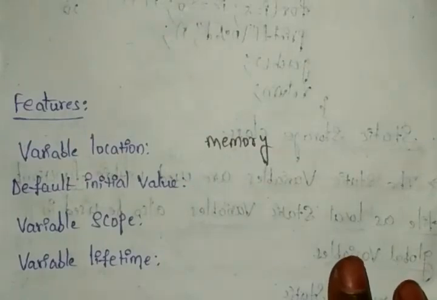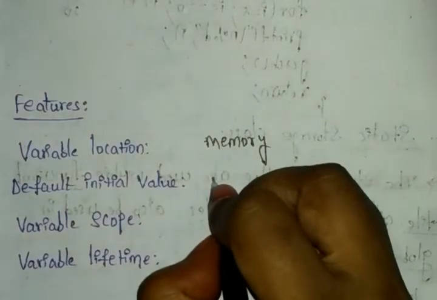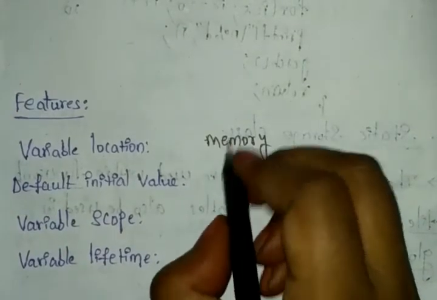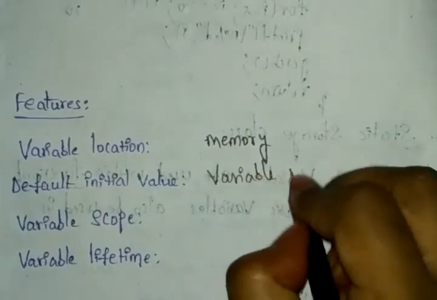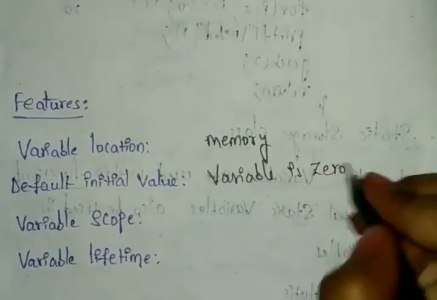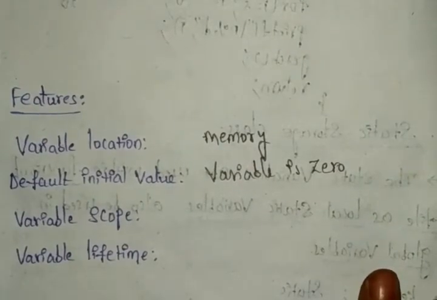And the default initial value assigned to the variable is 0. It is not an unpredictable value. It takes one value, that is 0.